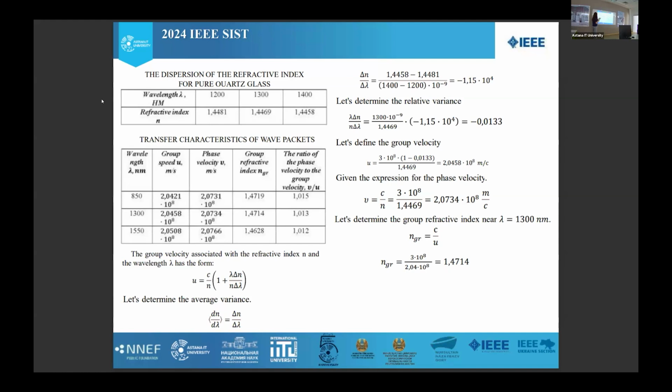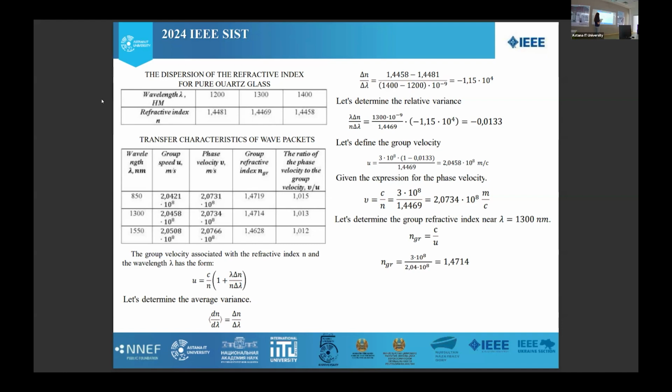The group velocity associated with the refractive index n and the wavelength lambda has the form you can see in these formulas. We use these formulas for our calculations. For a given wavelength of 1,300 nanometers, the group velocity turned out to be less than the phase velocity, which corresponds to the region of normal dispersion.